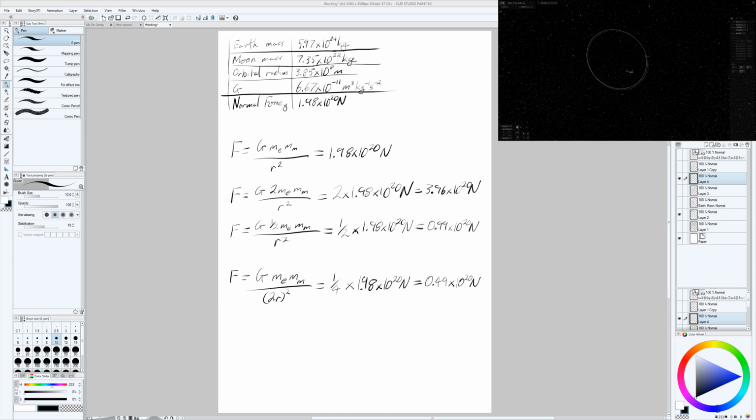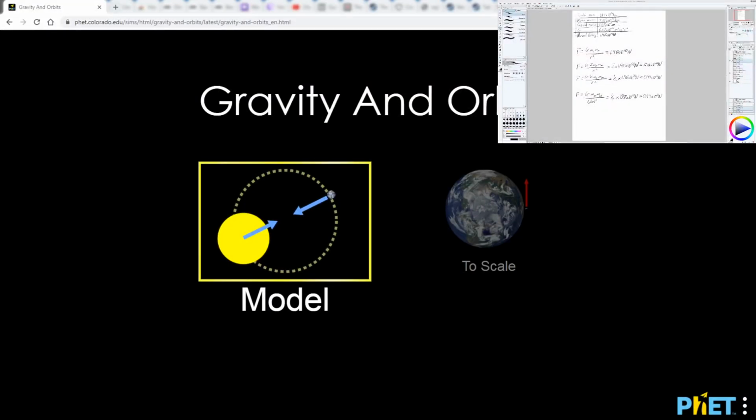So if we have a look at this, now I know the top cornery bit is kind of covered up, so actually we might just change this. Okay, give me a moment.